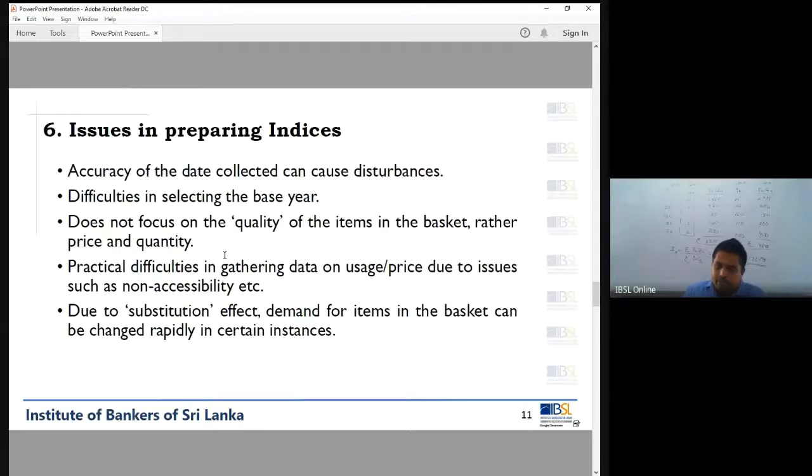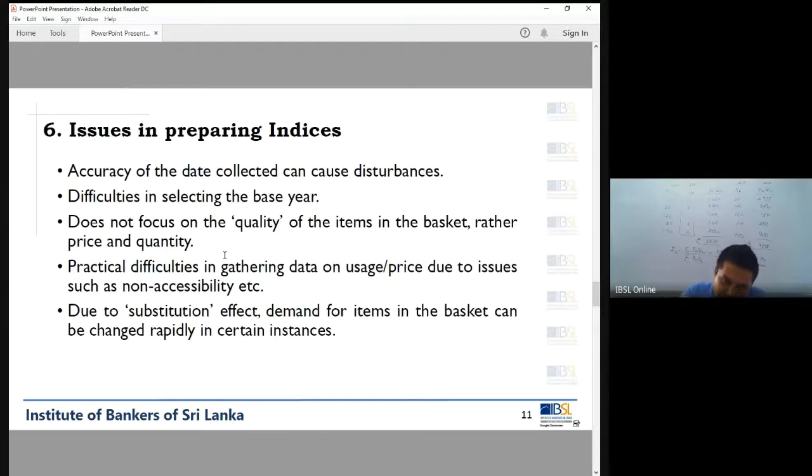So in that instance, we could understand that if you do an inflation calculation, your true consumption picture will not come into play. Why? Because due to certain instances, due to whatsoever circumstances, we the users or the consumers have substituted the items that are in the basket, maybe due to their choices, maybe due to some unavoidable circumstances.